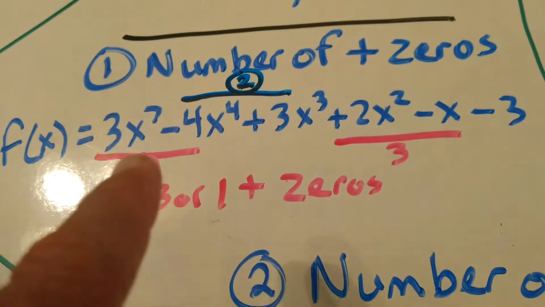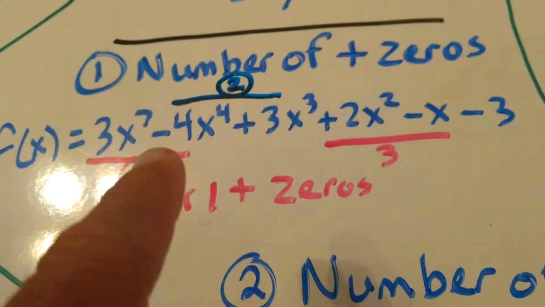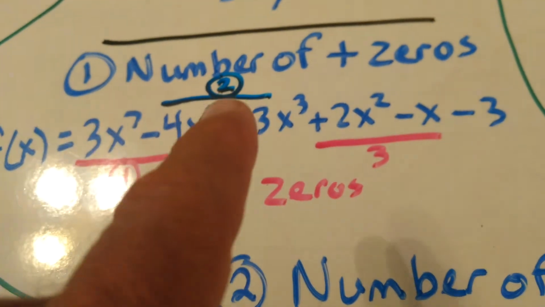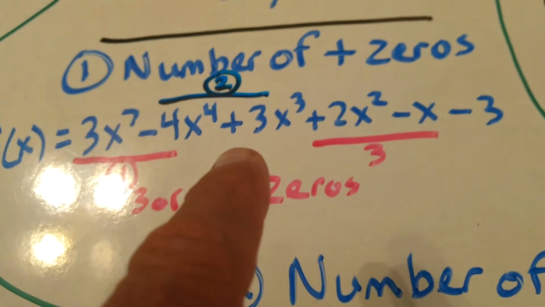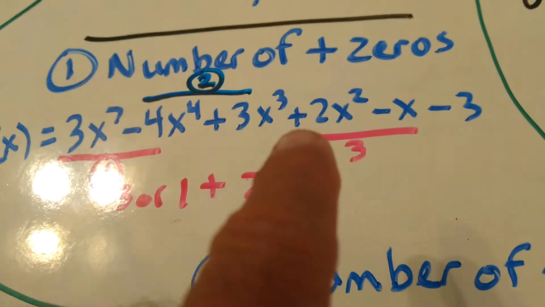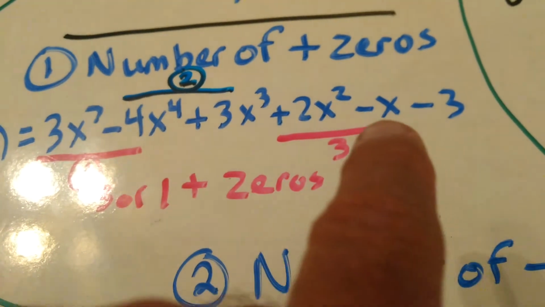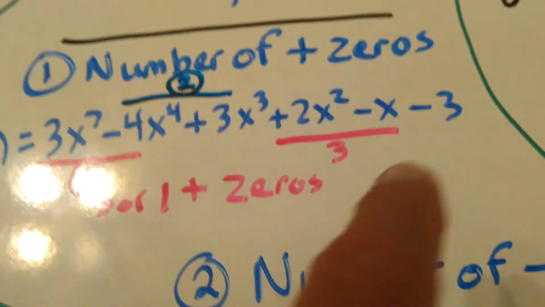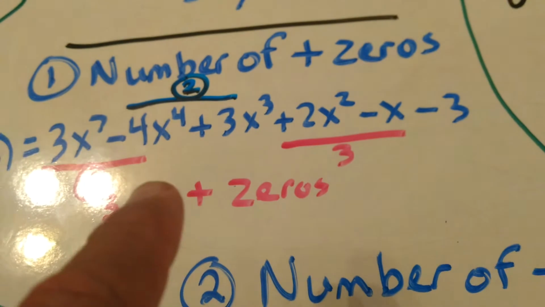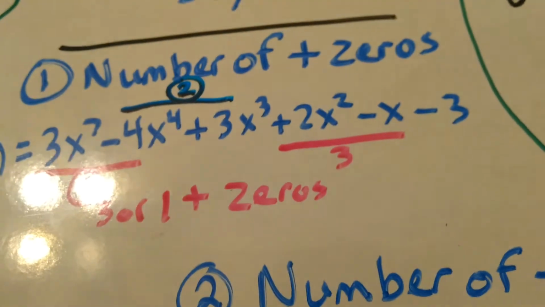So we go from a positive 3 to a negative 4, 1 positive zero. Here we go from a negative 4 to a positive 3, second one. Here we go from a positive 3 to a positive 2, so we don't have one here. Well, we go from a positive 2 to a negative 1, so we have a third. And then we go from negative to negative, so not one there. So we have 3 or 1 potential positive zeros.